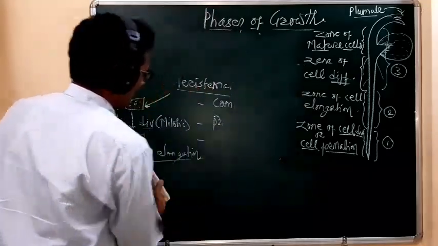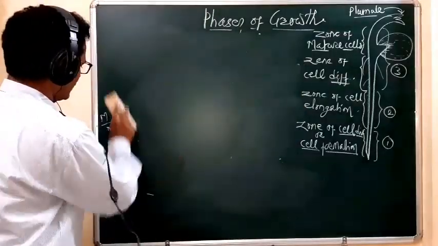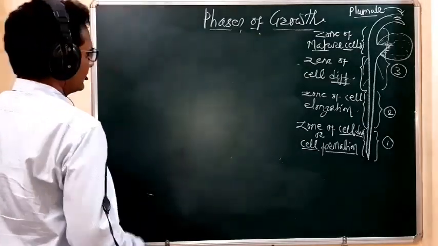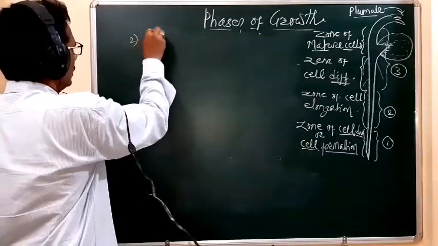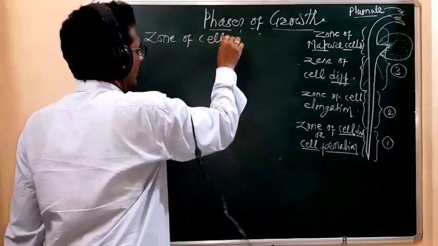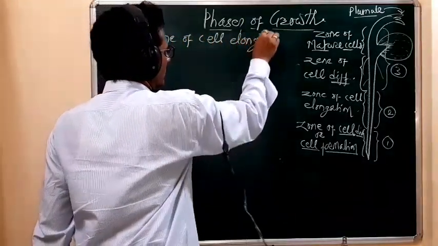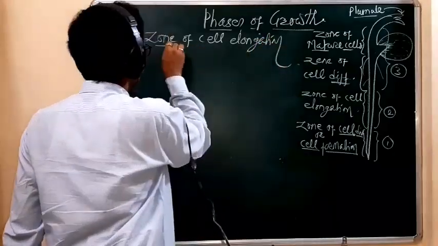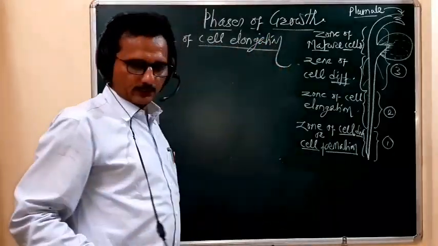So the second phase, as usual, is the zone of cell elongation.